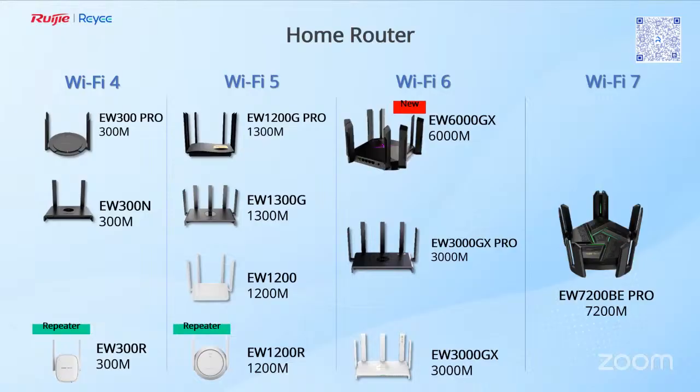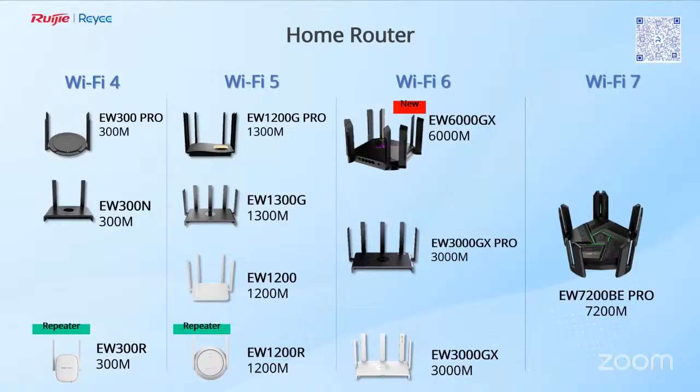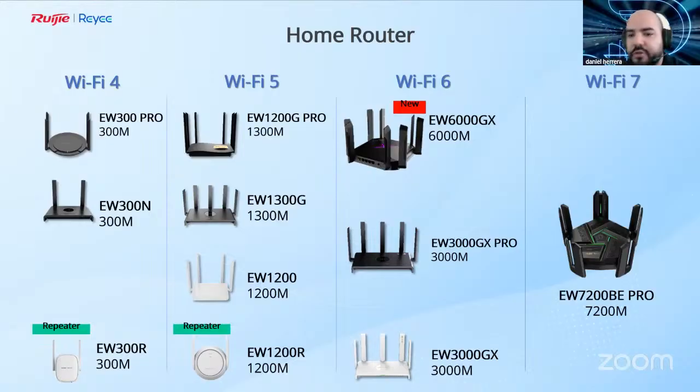We have 9 signal amplifiers and a coverage of 170 square feet. We support a maximum of 512 terminals, and 96 is the recommended amount of terminals. We also support Reyee mesh and cloud management in all these products.